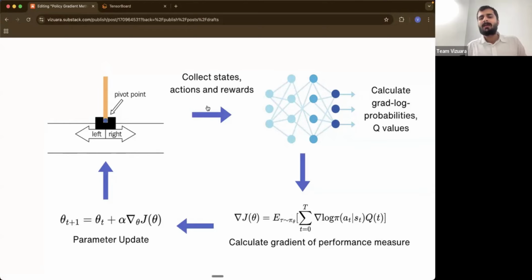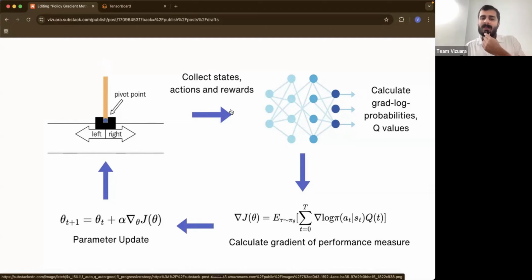Then you collect a lot of trajectories. So this is the terminology I'm going to use in the future: you simulate a lot of trajectories. Okay, then update your neural network, again simulate a lot of trajectories, again update your neural network. So you are going to keep on doing this a number of times.